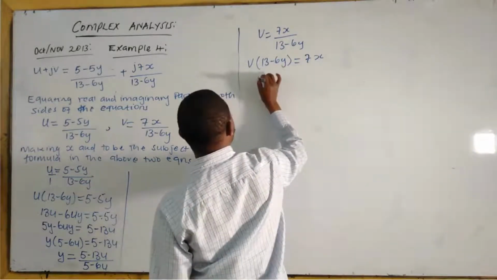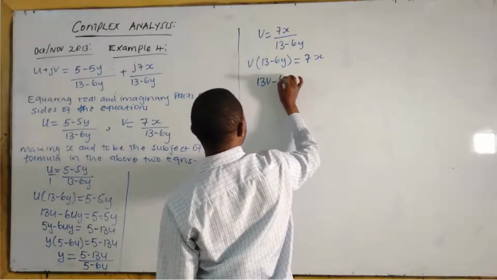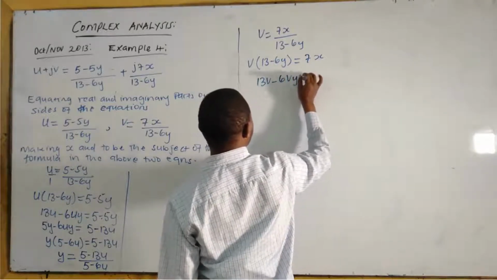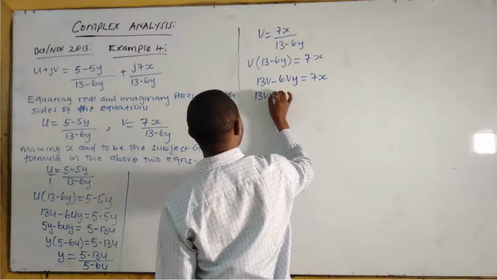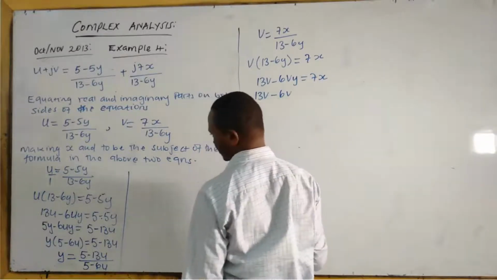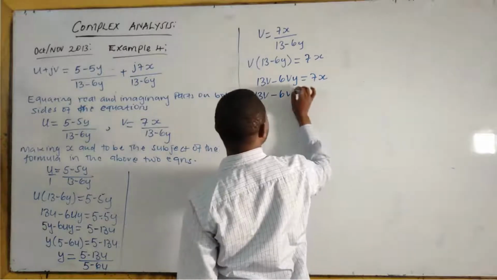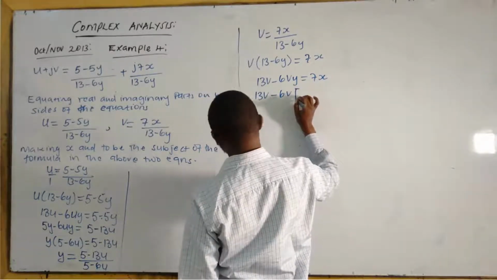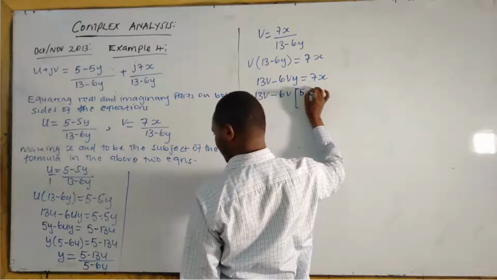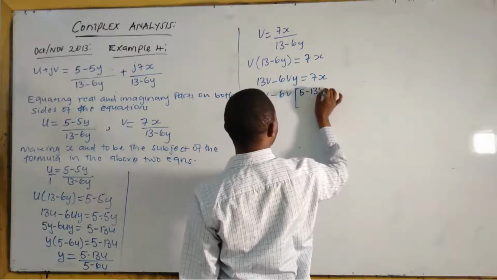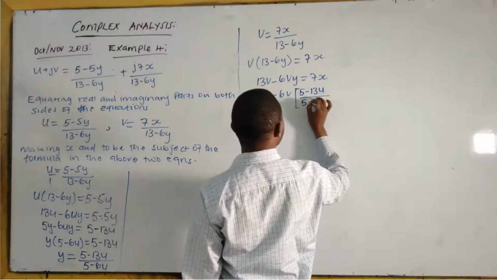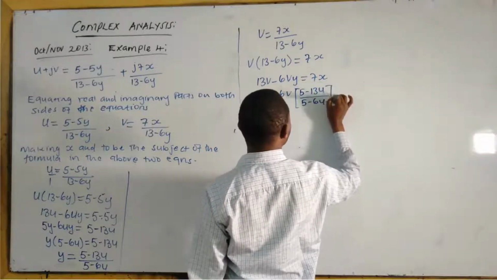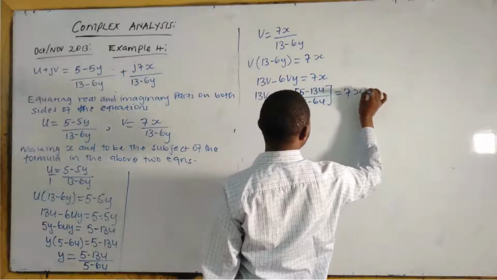So 13v minus 6vy is equal to 7x. 13v minus 6v, what is y? (5 minus 13u) over (5 minus 6u) is equal to 7x.